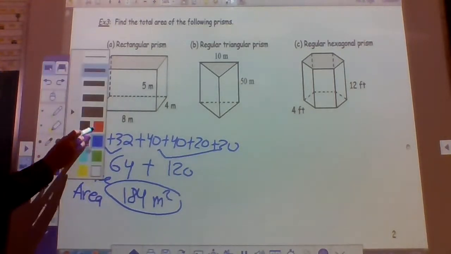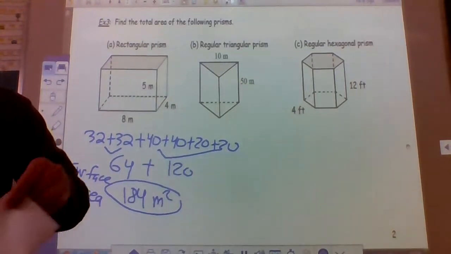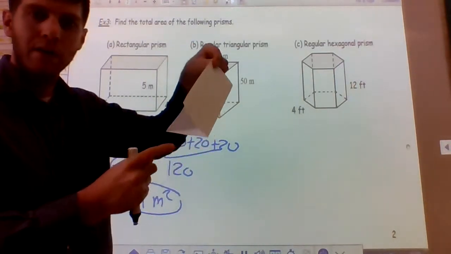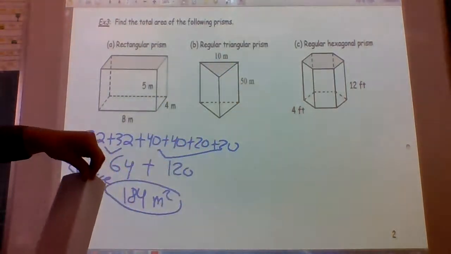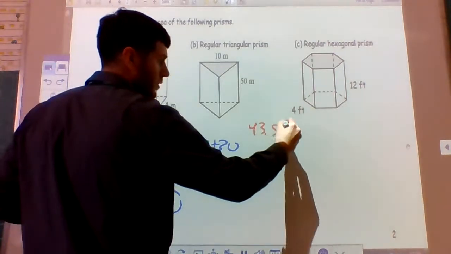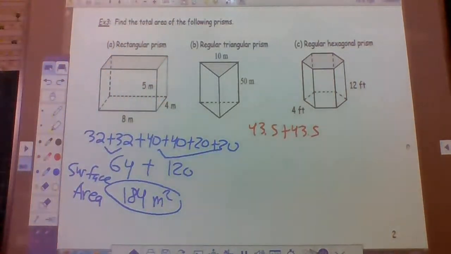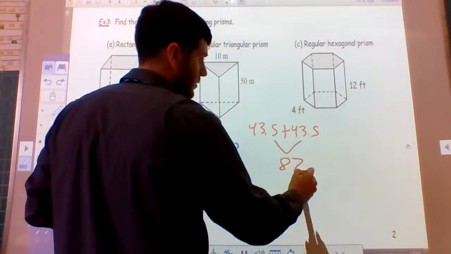Next one is the regular triangular prism. We found the area of both bases. So again, here's our triangular prism that I've kind of folded. We found the area of the top and the bottom to be 43.5 each. So we have 43.5 plus 43.5, which we then found to be 87. So the base area was 87.